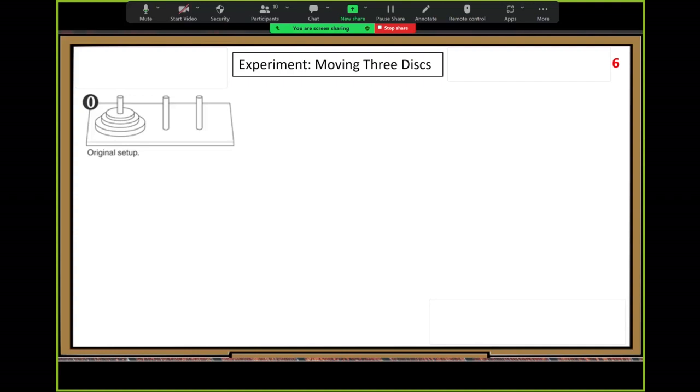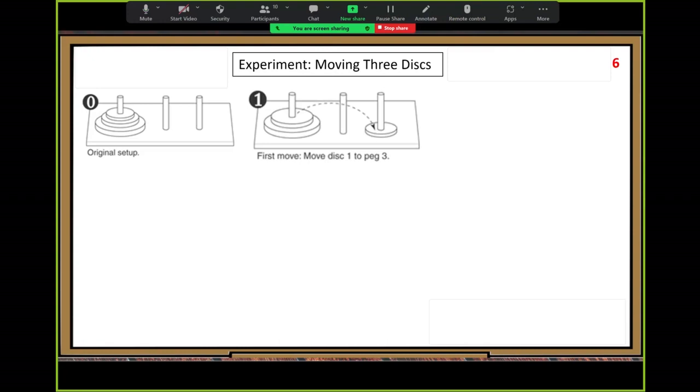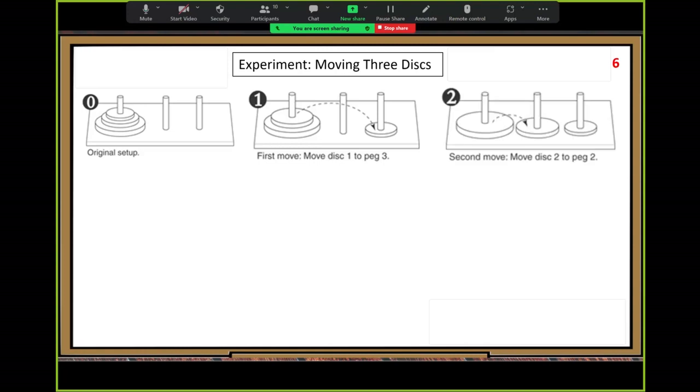Now we can make our first move. That's easy. The top disk, move it to one of the two remaining empty pegs. The first move. Second move, the middle one on peg 2.